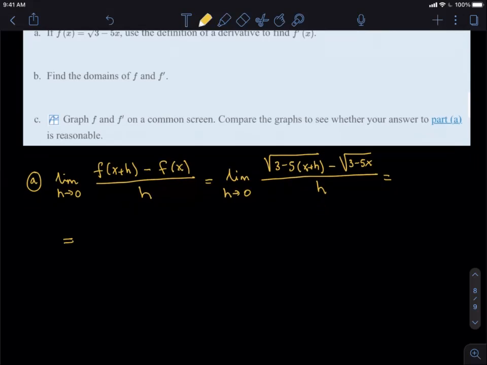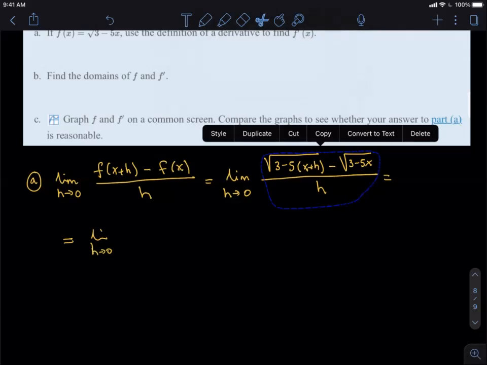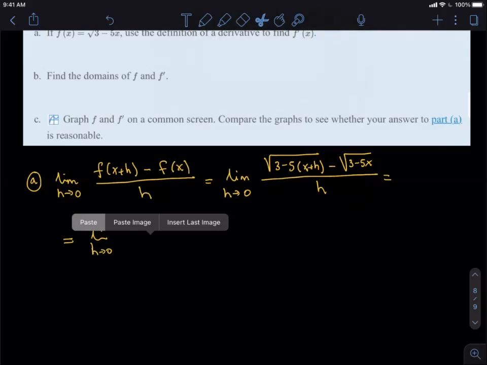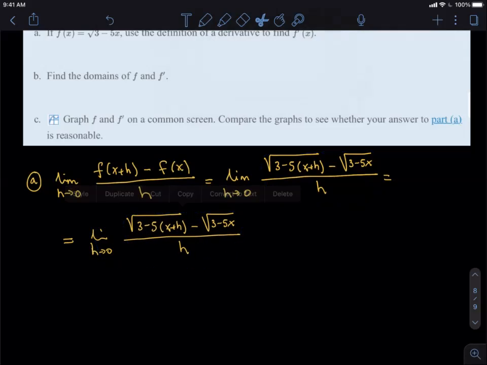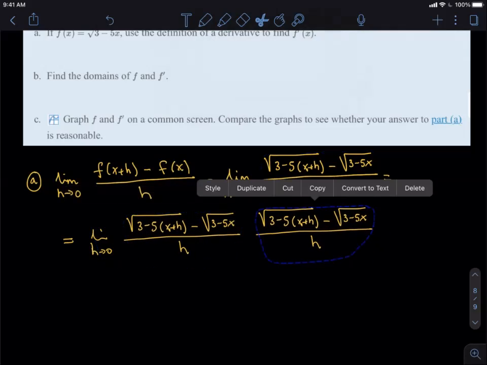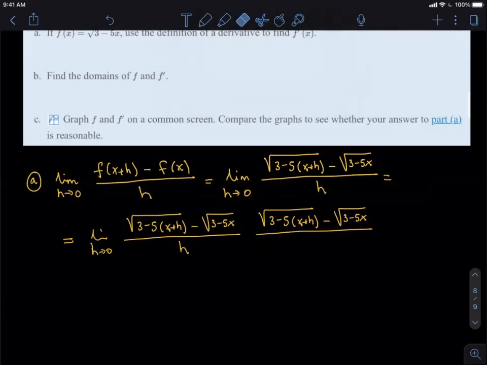Because we have a difference of roots, we are going to multiply and divide by the conjugate. Remember, the conjugate is the same quantity, only we are changing the negative by a positive. So let me copy paste.